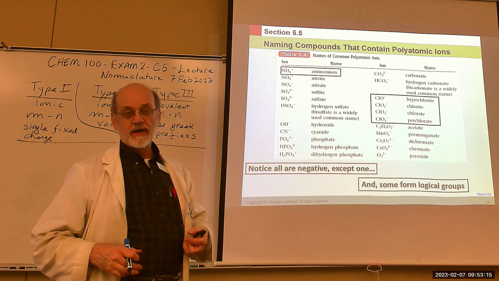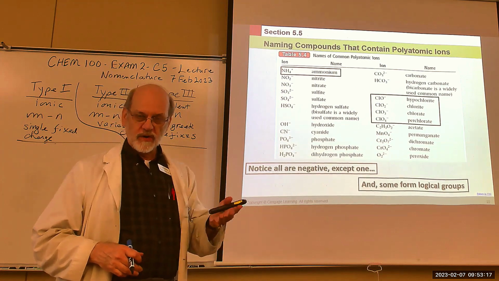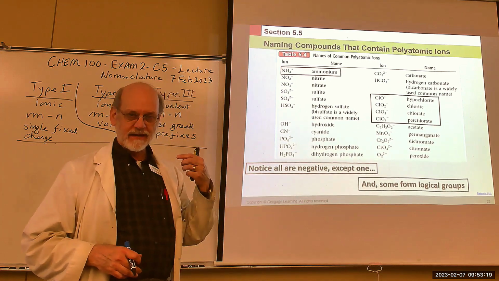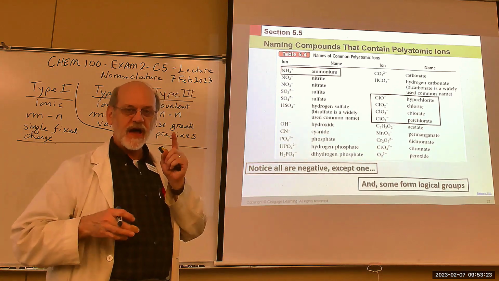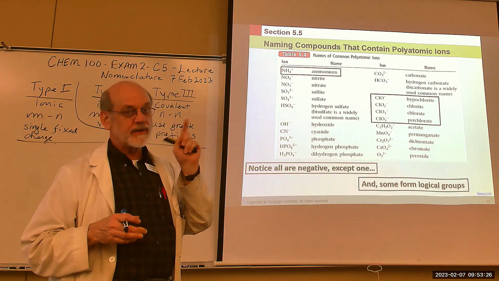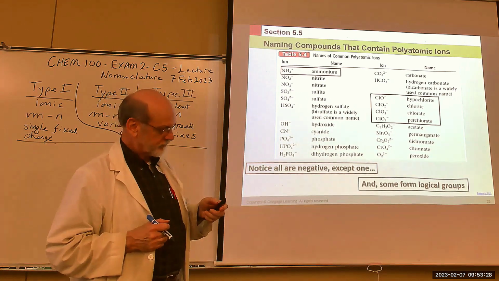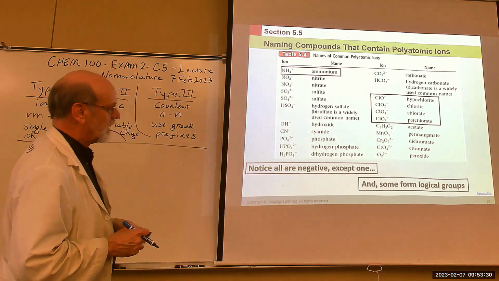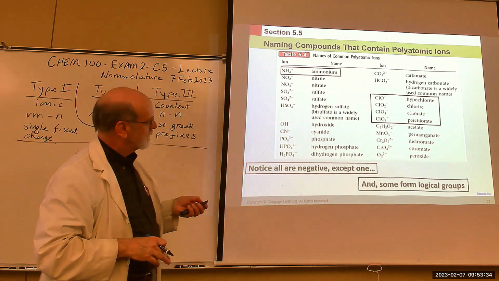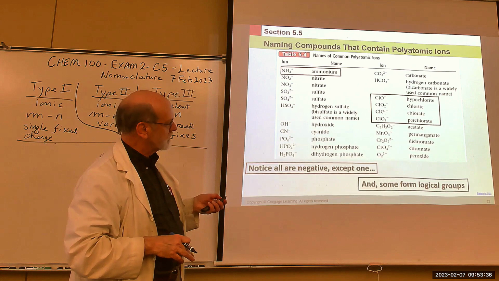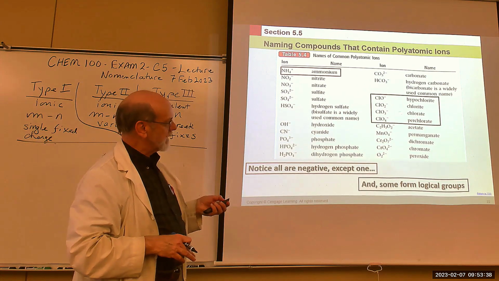If you have three or more elements in a formula, and one of them is oxygen, then you may want to think about whether you have a polyatomic in there. So for this logical group, I start with chlorine and oxygen, ClO3 minus, chlorate.